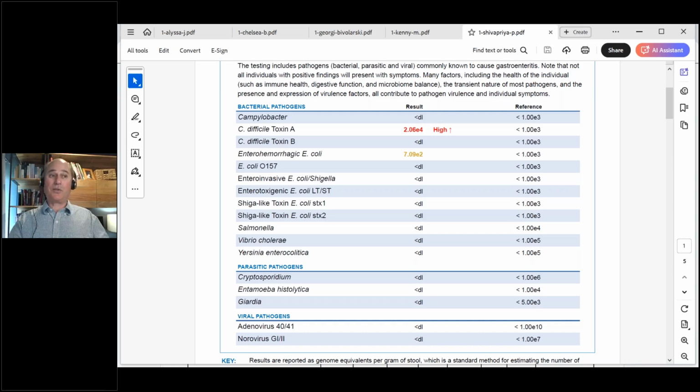GI problems usually don't cause GI symptoms. They can affect anywhere in your body. And I can't say that enough times because it takes most practitioners at least 2 or 3 years to really believe that. The short version of the story, if you want to just act on that now, just run a GI map on every new patient, whether they have a skin problem or they can't get pregnant, whatever it is, and treat them.